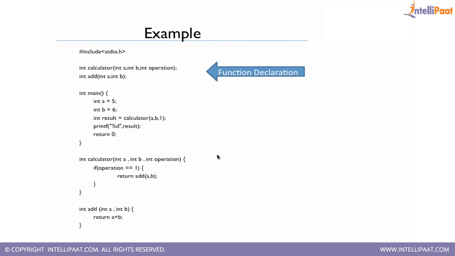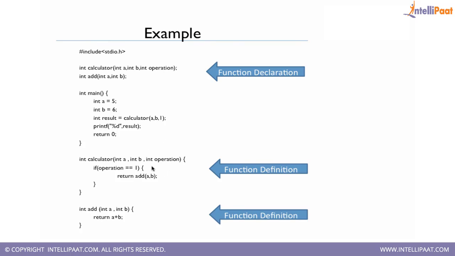So this is function declaration, this is function definition, this is also function definition. Here we are defining the add method, here we are defining the calculator method, here we are declaring both the methods, and here we are calling the method.